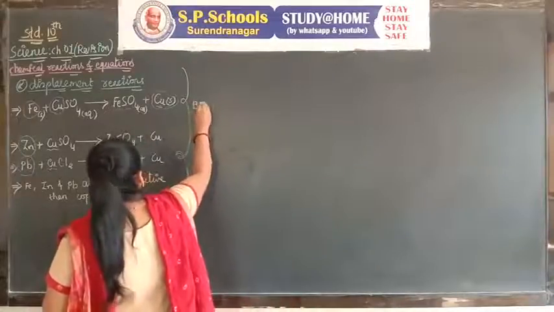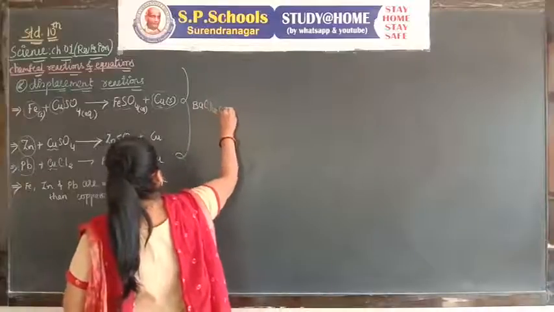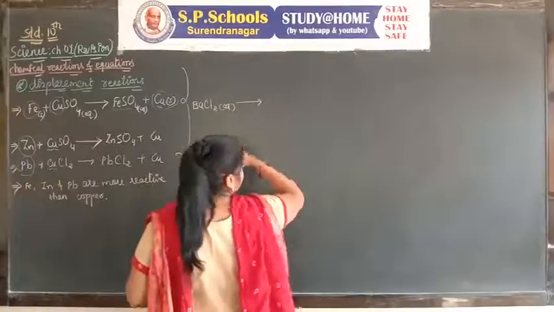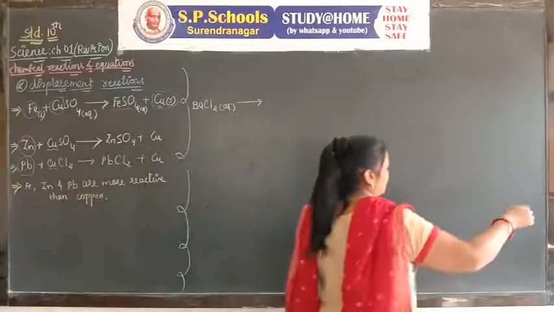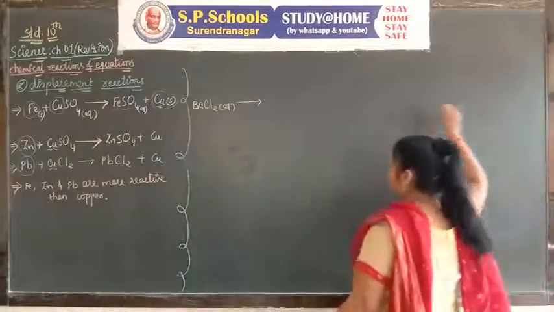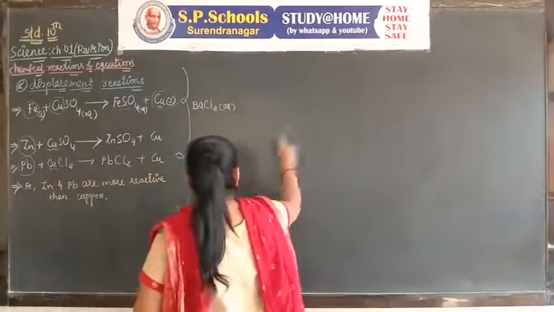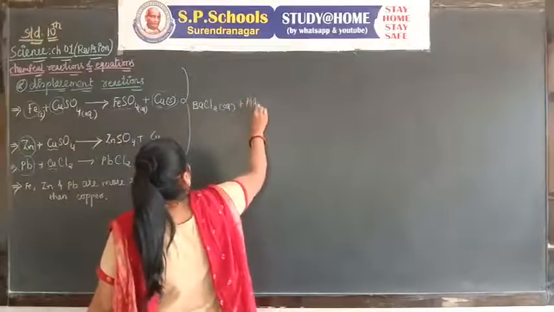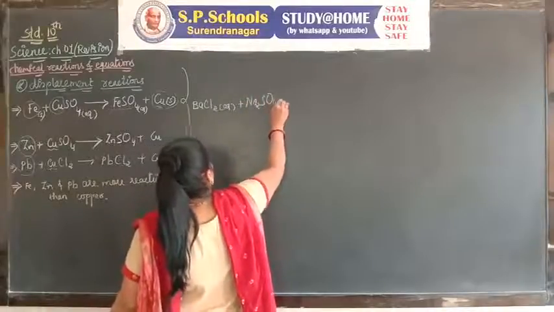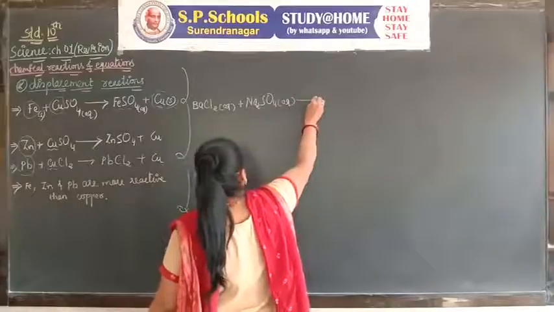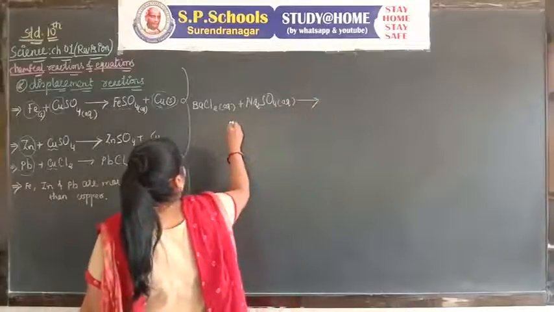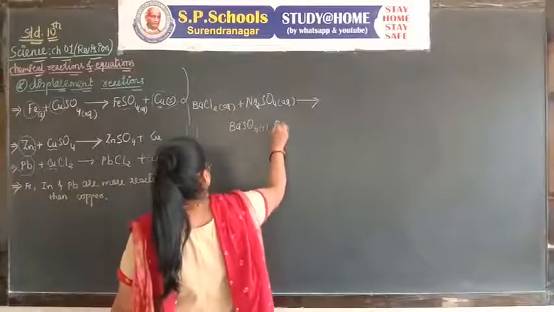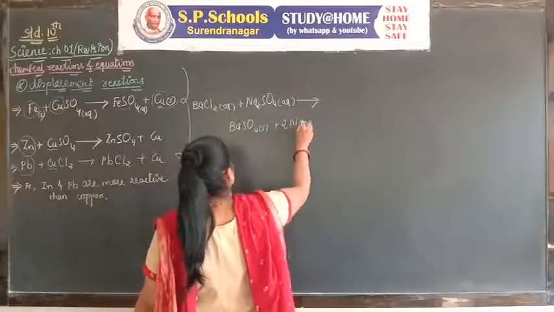Suppose BaCl2 aqueous reacts with Na2SO4 sodium sulfate, formation of BaSO4 solid plus NaCl.